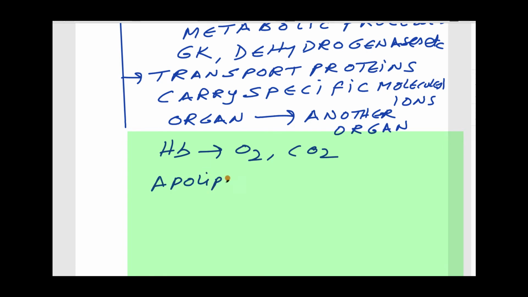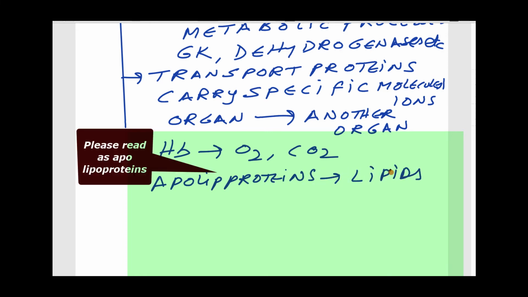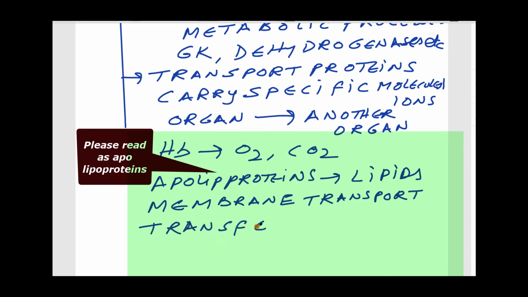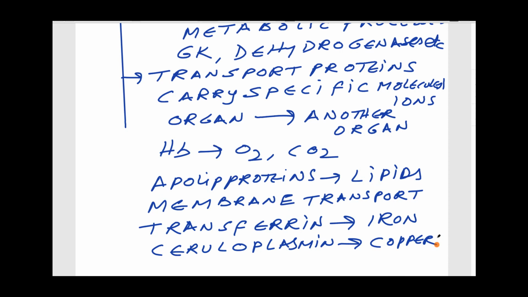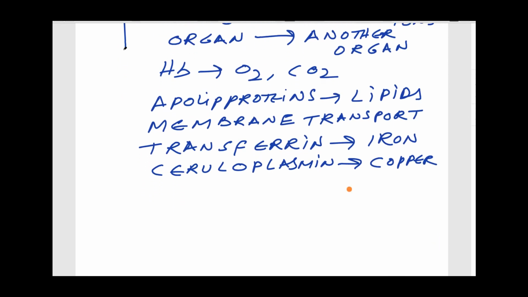Apolipoproteins carry various lipids. There are also membrane transport proteins. Transferrin transports iron, a very important protein. Then ceruloplasmin, another transport protein, transports copper. So various transport proteins are present.